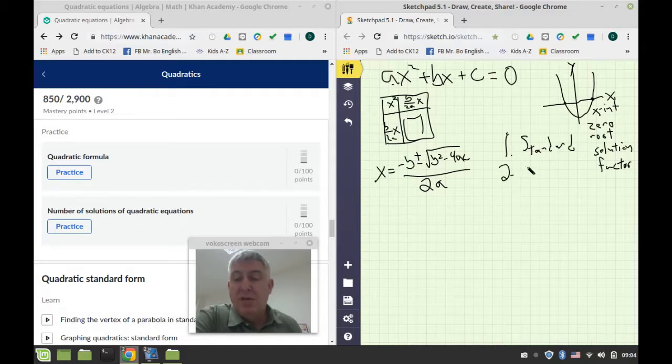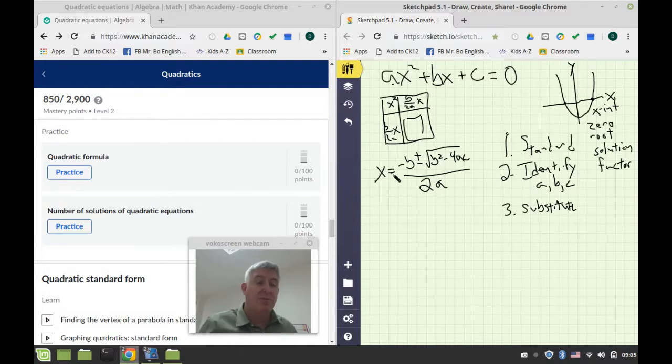And then 2, we will need to identify a, b, and c, and then 3, we'll substitute into the quadratic formula over here to find out x. So that's basically the way we're going to do it. So let's get started.